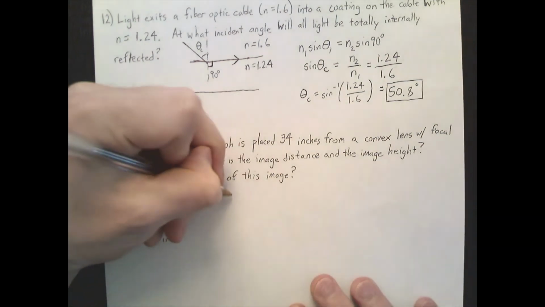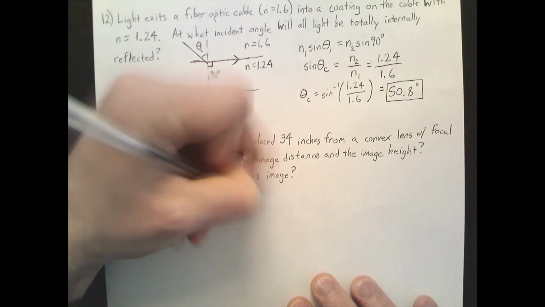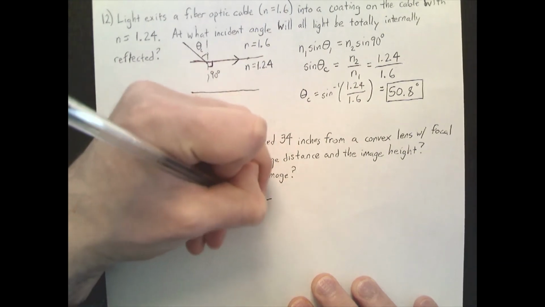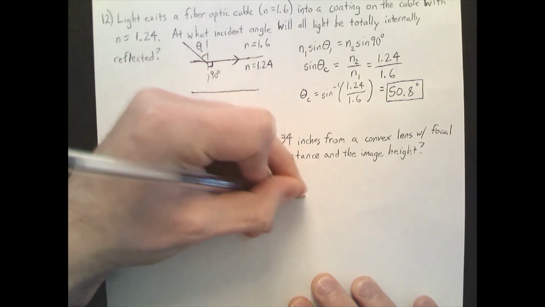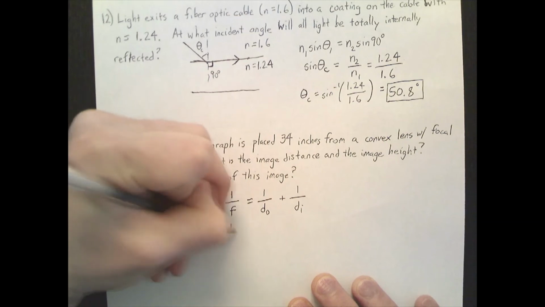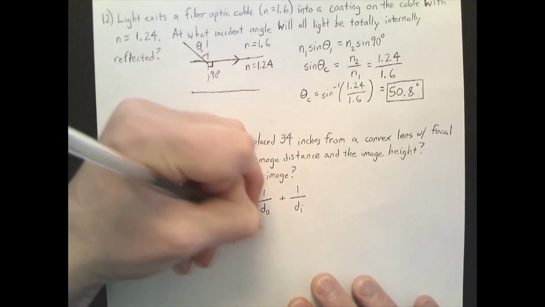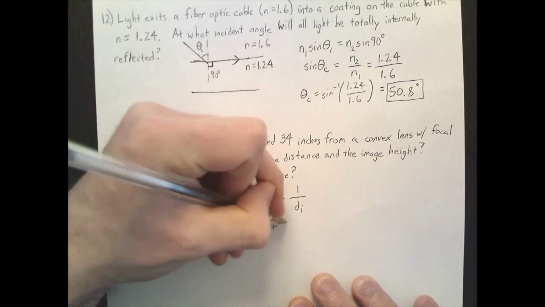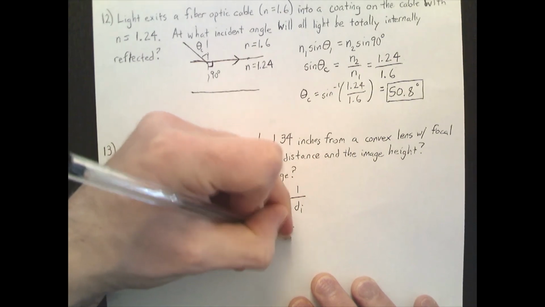The image distance can be calculated by using our lens formula: 1 over f equals 1 over d0 plus 1 over di. So we have our object and image distances accounted for. We're going to plug in our values: 1 over 19 equals 1 over 34 plus the unknown 1 over di.